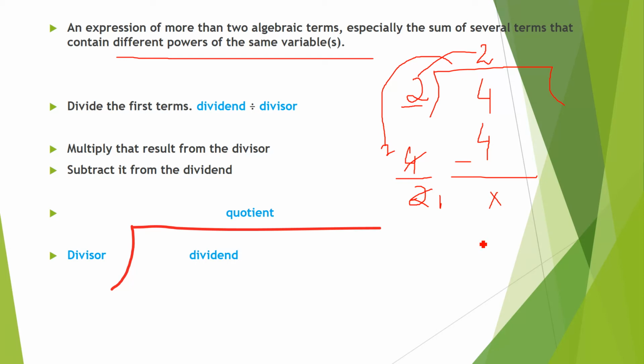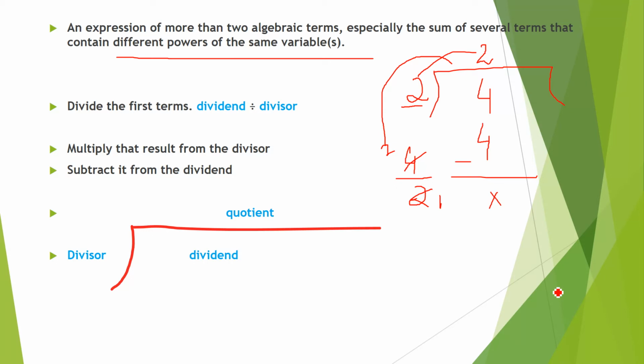This is the basic we learned in grade 2 and 3. If suppose you have 5 here, then 5 minus 4 equals 1, and this is called the remainder. Divisor, quotient, dividend, remainder.